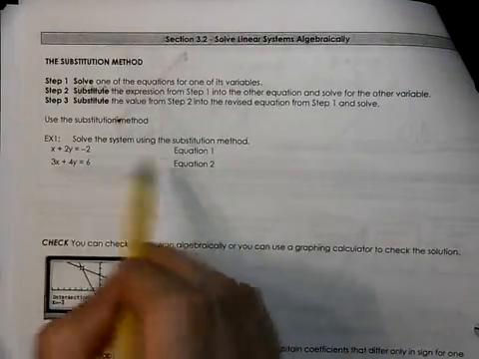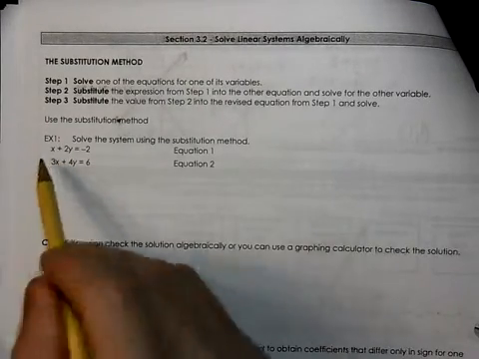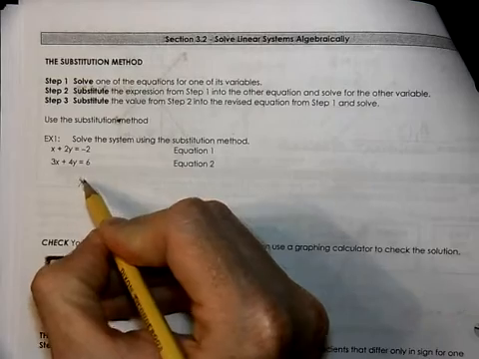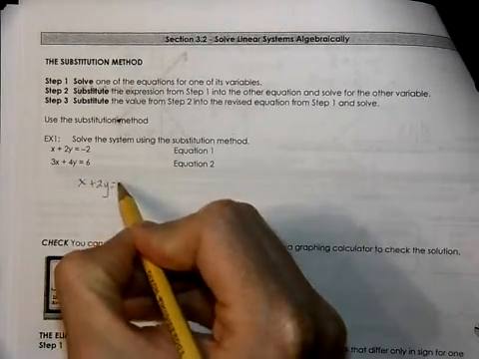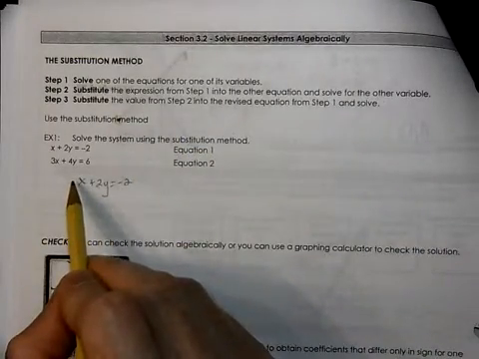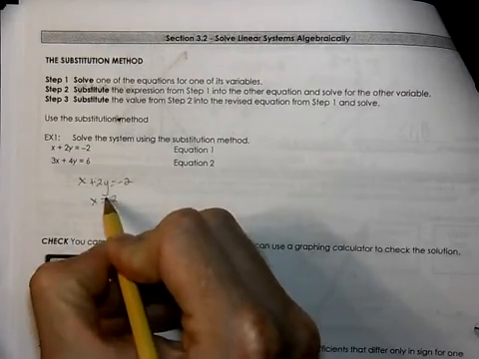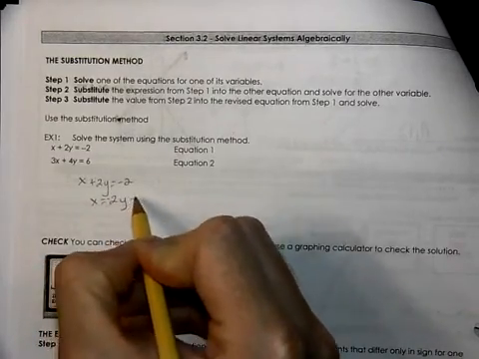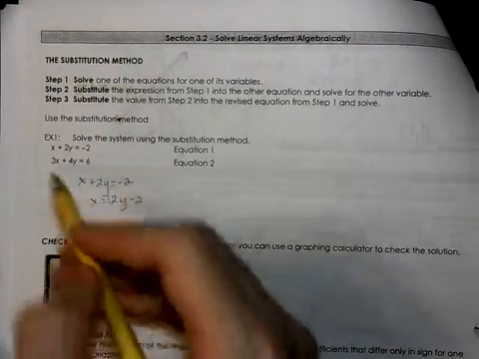So we'll take the first equation because its leading coefficient is a 1. Since the x has a 1 for a coefficient, let's get that by itself by subtracting the 2y to the other side.